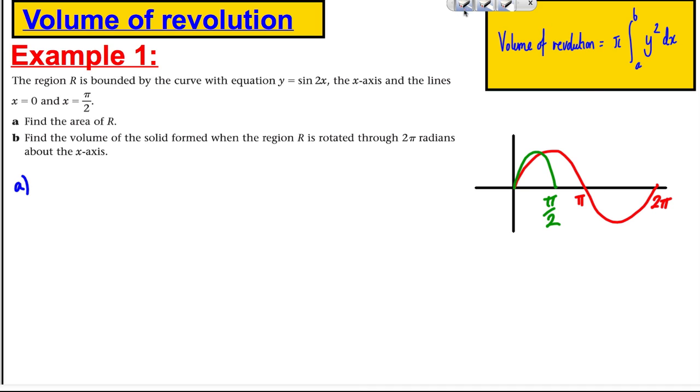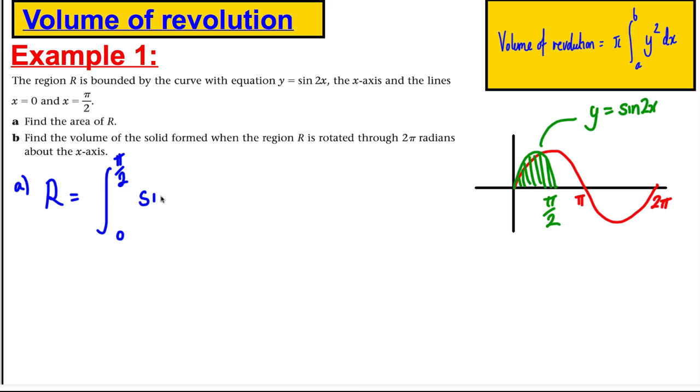So this is y equals sine 2x, and what we want to work out is this area here, R. R is equal to the integral between 0 and pi by 2 of sine 2x dx. Now sine 2x is one of the functions we can integrate.